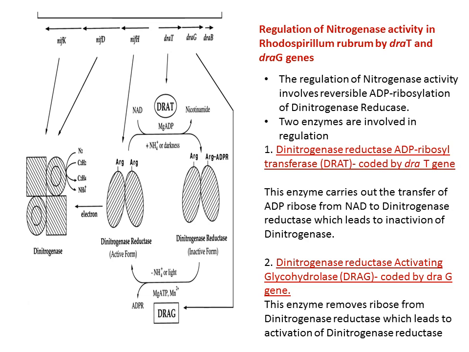We know that the nitrogenase enzyme is made up of two different proteins, dinitrogenase and dinitrogenase reductase. So this enzyme, coded by the DRAT gene, transfers ADP ribose from NAD to dinitrogenase reductase, which leads to inactivation of dinitrogenase.